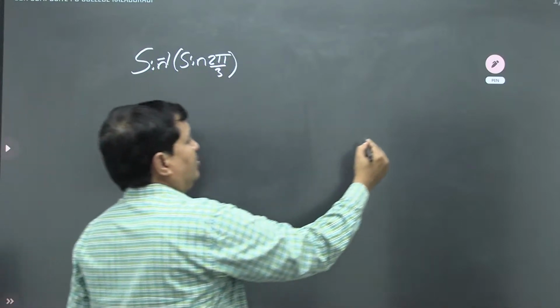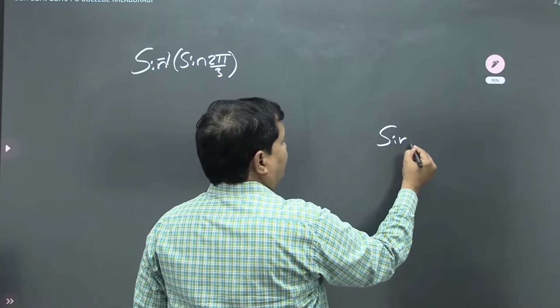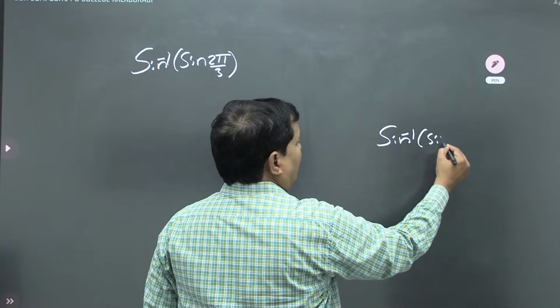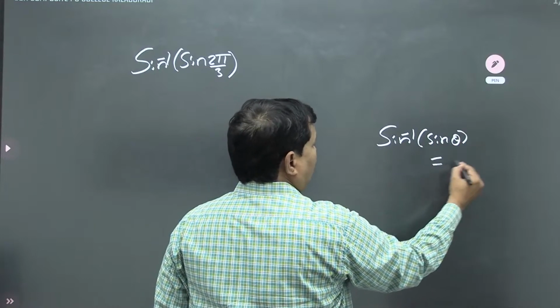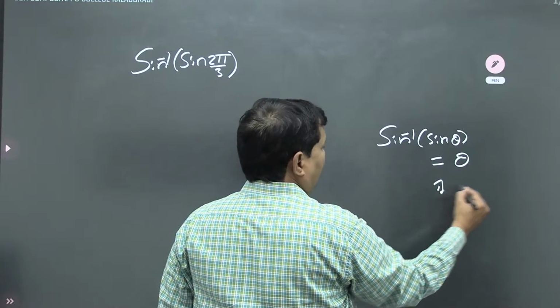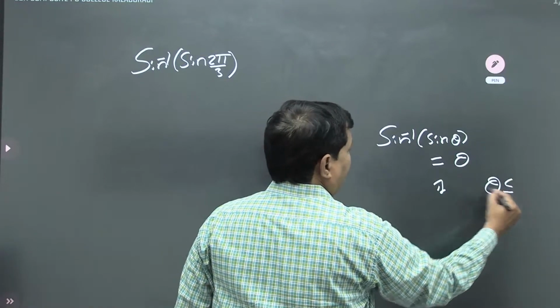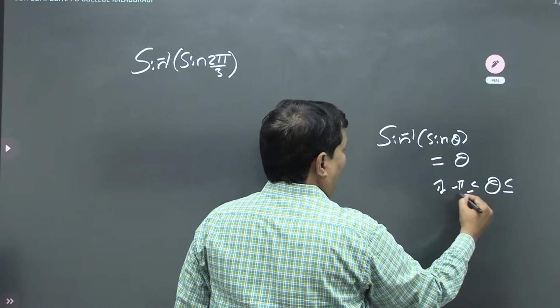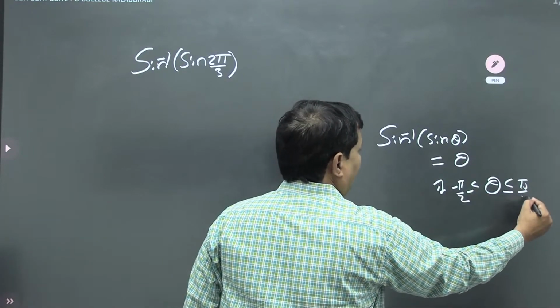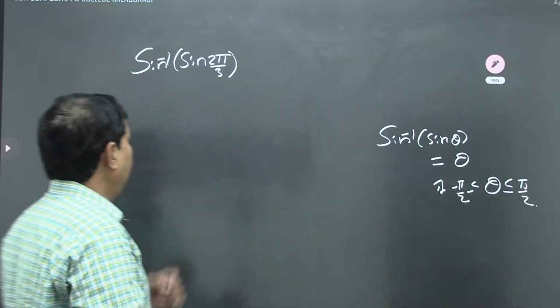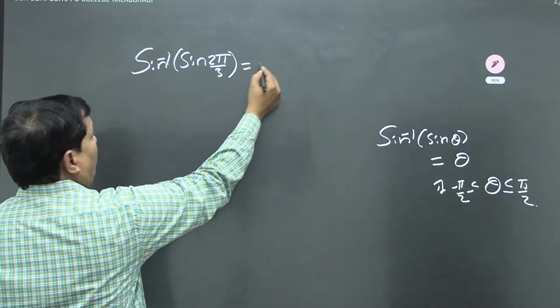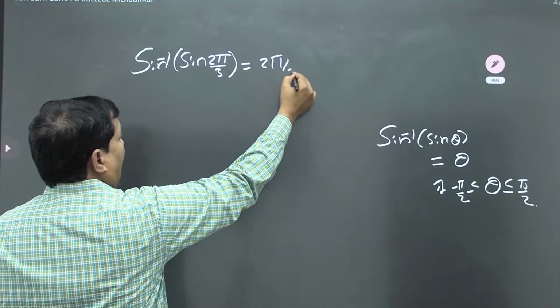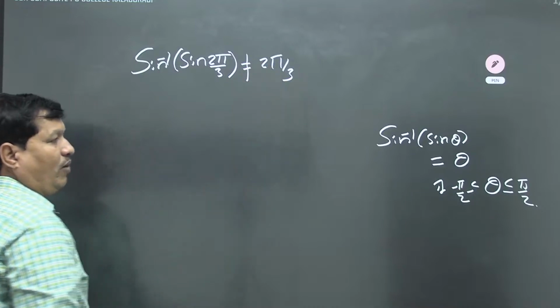As you know, sine inverse of sine theta equals theta if theta lies between minus pi by 2 to plus pi by 2. Some of the students directly write 2 pi by 3, but it is not correct. Why?